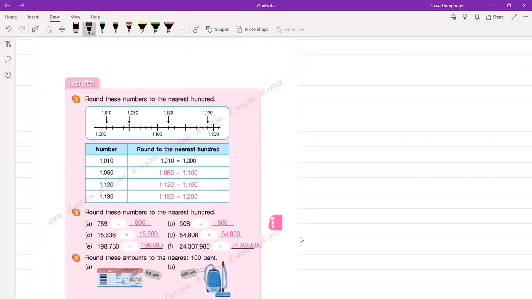Here we have a number line, and the range is from 1,000 to 1,200.